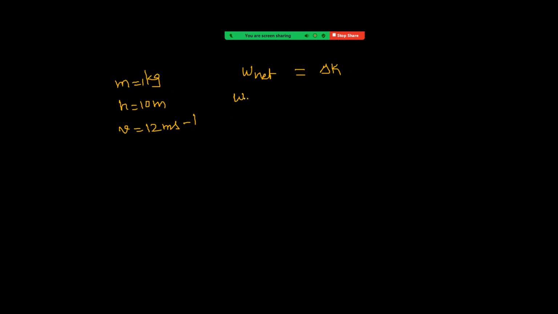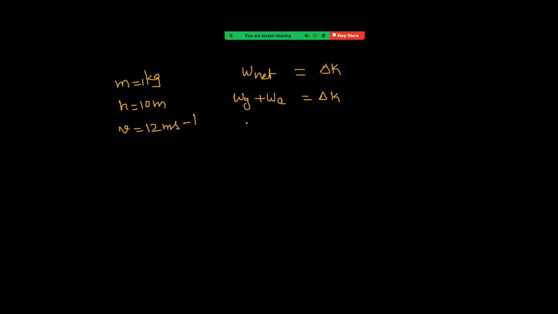One is the gravitational force, which is downwards. The other one is air resistance. So only two forces are acting, gravitational force and air resistance, and the sum of the work done by these two forces should be equal to delta K.